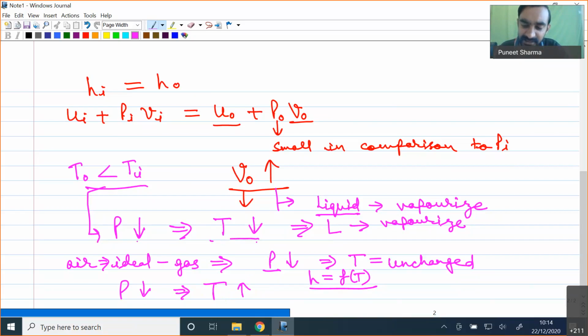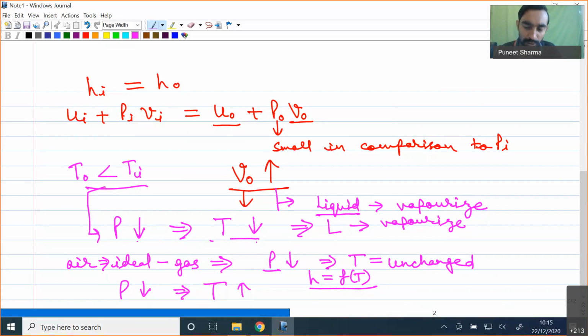The characteristic of a throttling process is that pressure will always decrease, but what will happen to temperature upon the decrease of pressure is controlled by the Joule-Thomson effect.